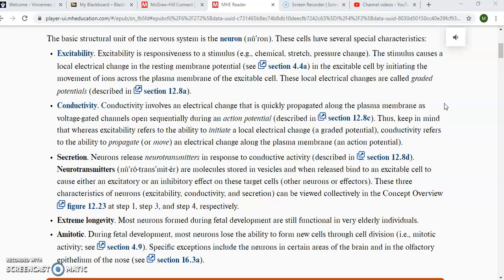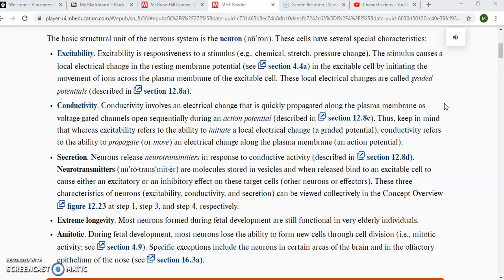Usually it will start at the dendrites or cell body, and then conduct or transfer it down the length of that neuron. It's an electrical event, so it's able to conduct that along the length of the neuron. So that's the conductive part of our characteristics.